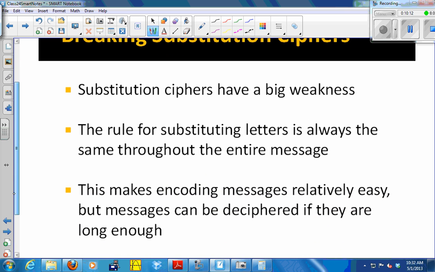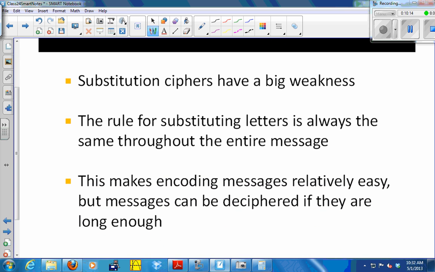So breaking substitution ciphers, they have a really big weakness. They're pretty easy to break because the rule for substituting letters is always the same throughout the entire message. And it makes this relatively easy to break, especially if the message is long.